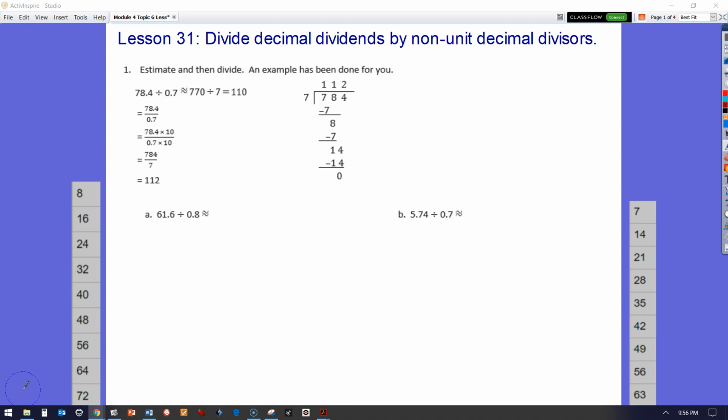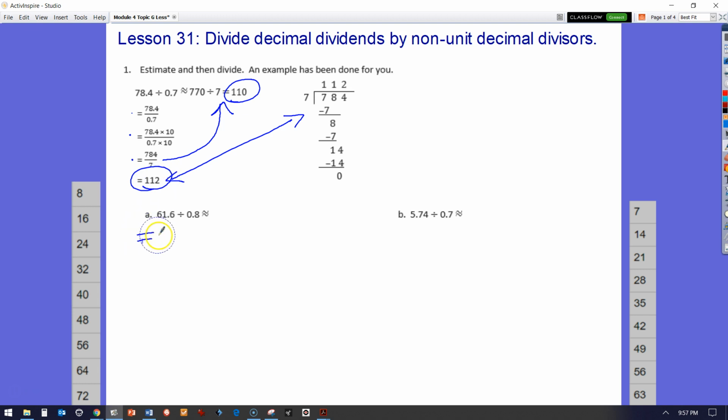So 1A, we have a dividend of 61 6/10 and a divisor of 8/10. First thing we want to do is follow the pattern of going through these steps, estimating to find my estimated quotient, and then doing my standard algorithm to find my true quotient.